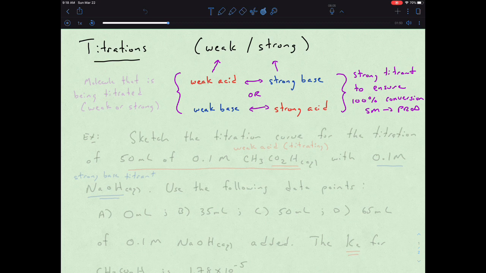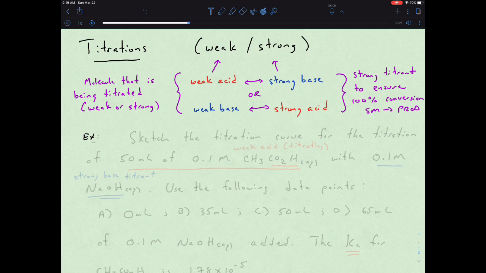And then we have the molecule that is being titrated. And so this could be weak or strong. So what we're titrating could be weak or strong, but what's imperative is that our titrant is extremely strong to ensure that 100% conversion.